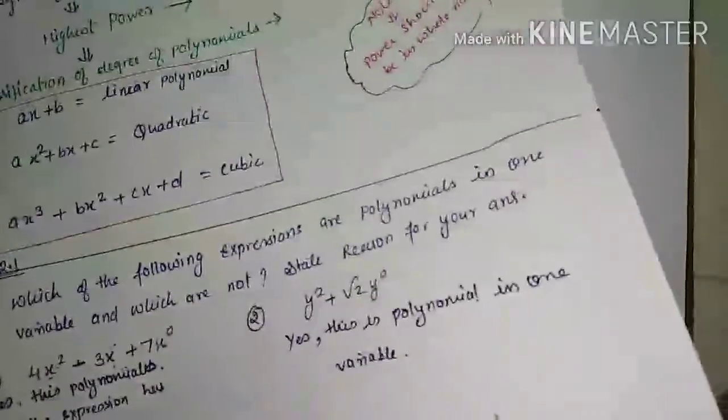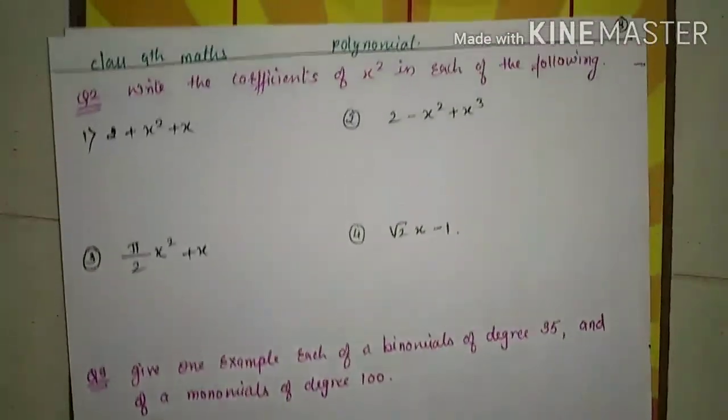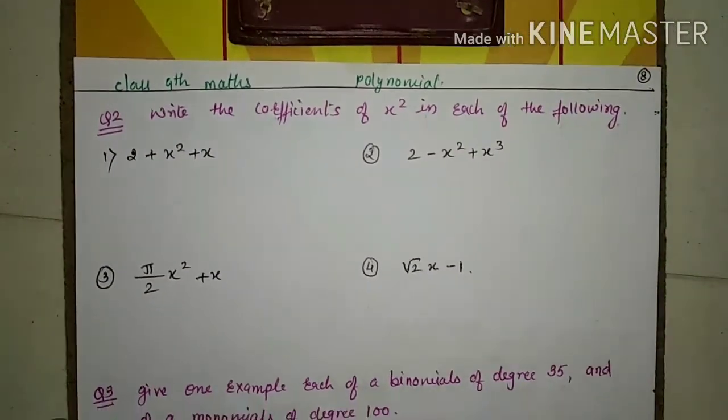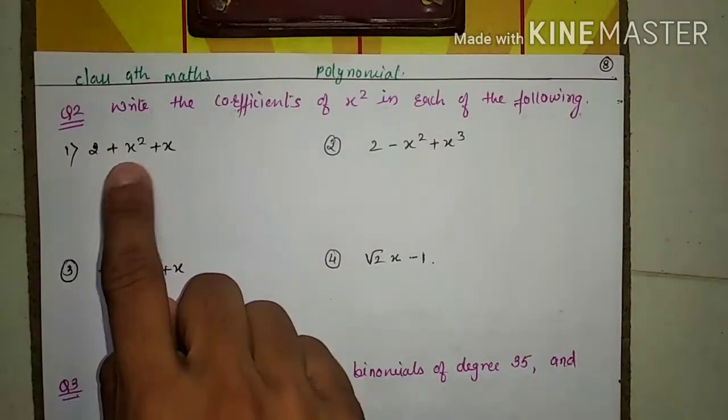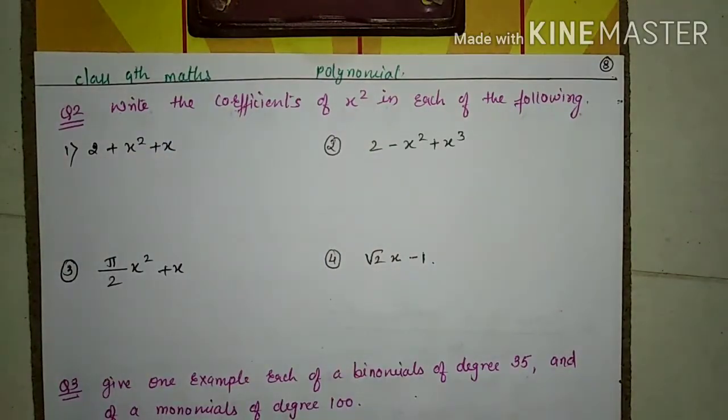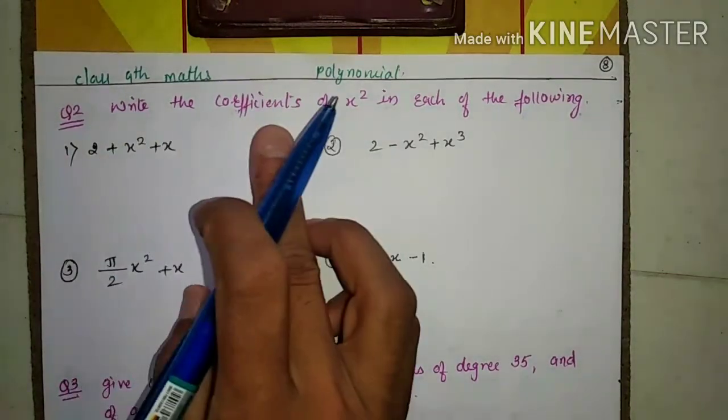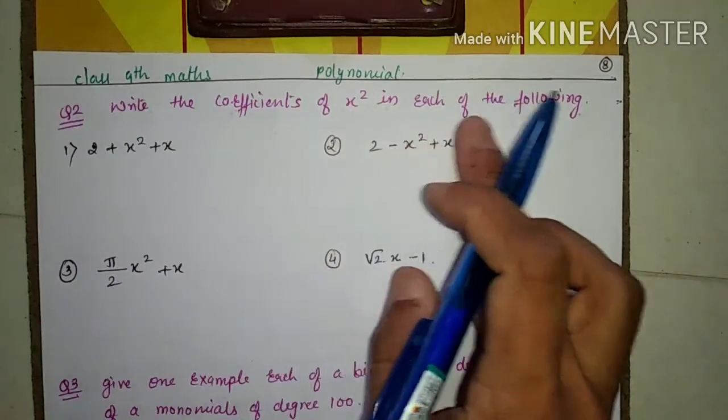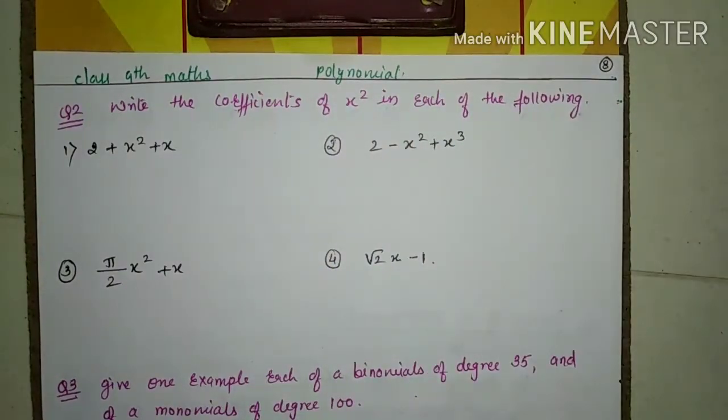Now come to the next, question number 2. Question number 2 is 2 plus x square plus x. Write the coefficient of x square in each of the following. I have explained it: the number that goes with the variable is called a coefficient.